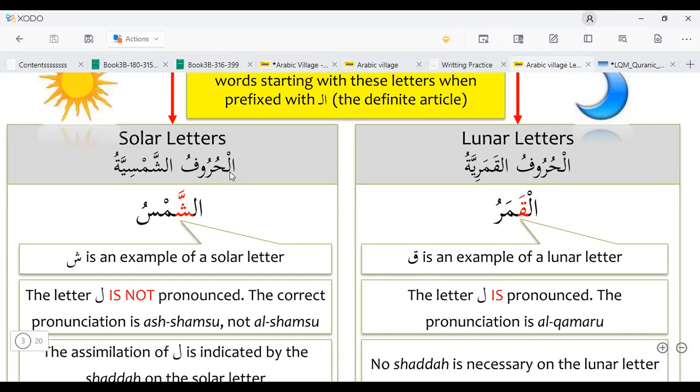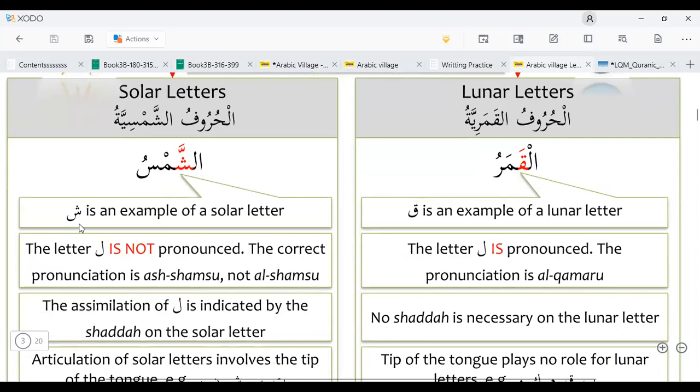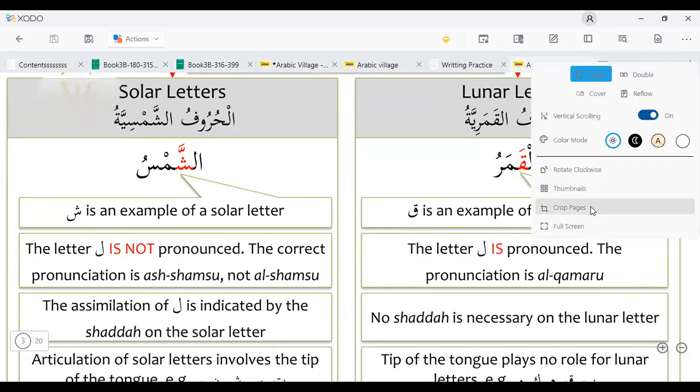Sheen is an example of a solar letter. Ash-shamsu. What do we do with ash-shamsu? How do we pronounce it?